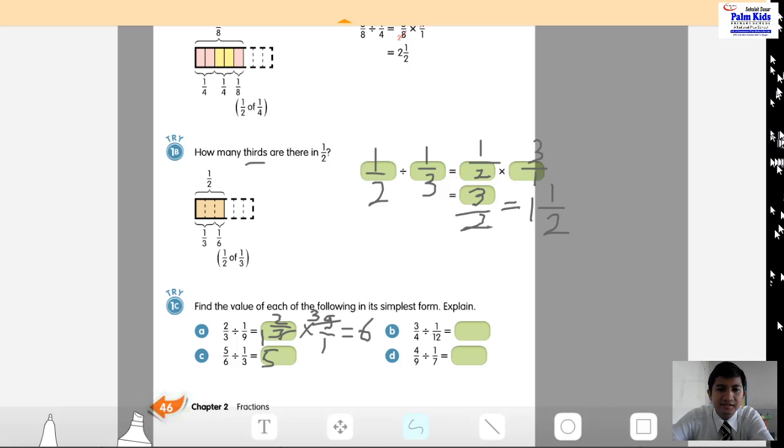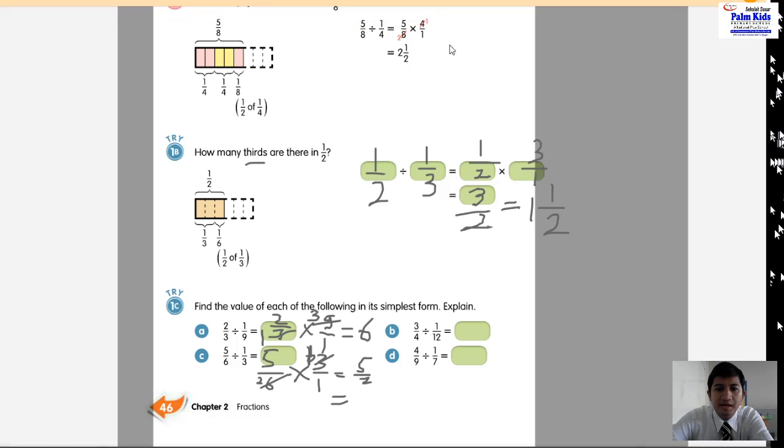So 5 per 6 multiplied by 3 per 1. We can simplify this by dividing by 3. 3 becomes 1 and 6 becomes 2, so it becomes 5 per 2, or in mixed fraction you will get 2 1/2.